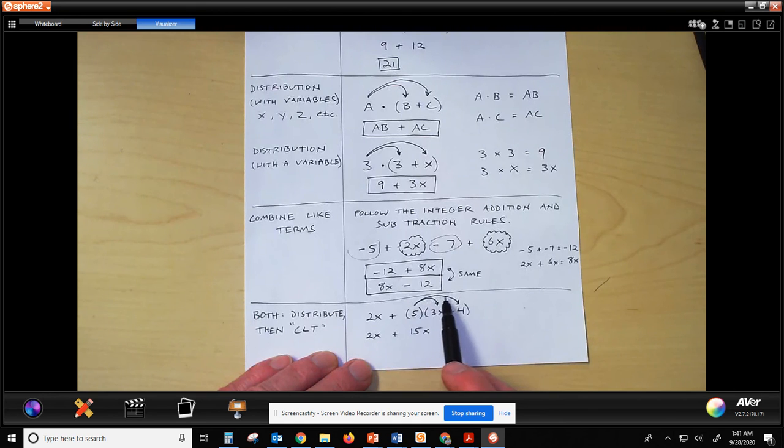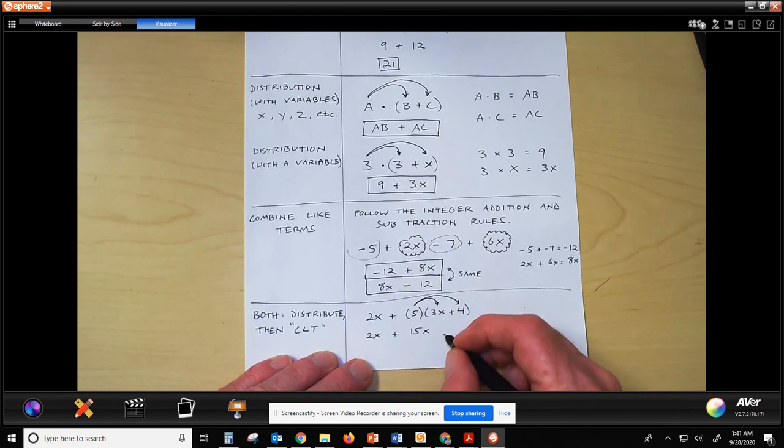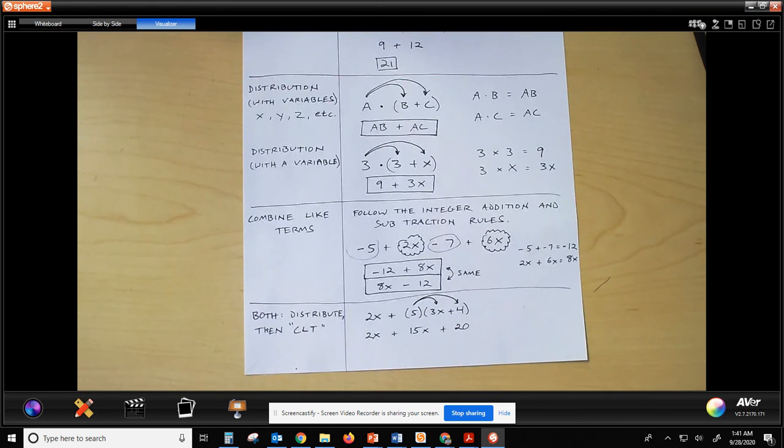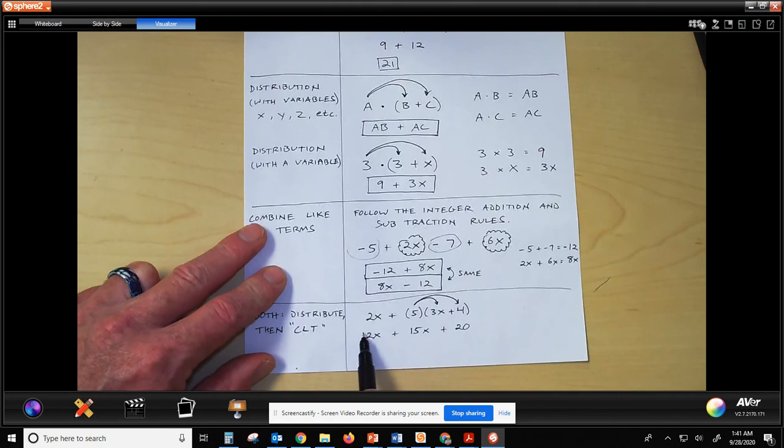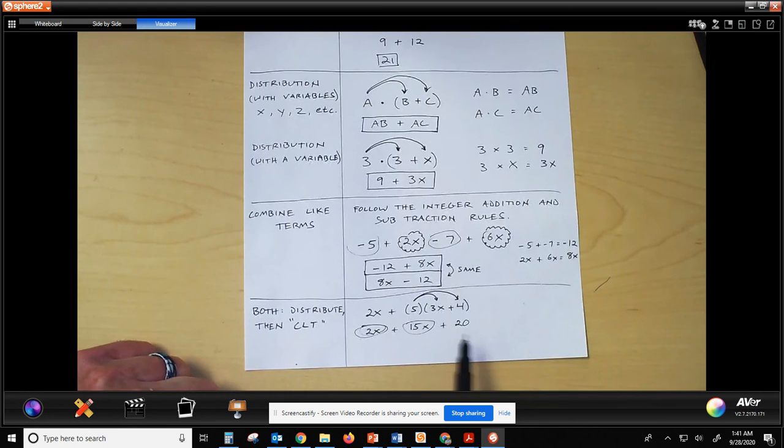5 times the number 4, now I have a constant. 5 times 4 is 20. Let's do our thing again. I have x's that are similar. And then I have a constant. I may combine these.